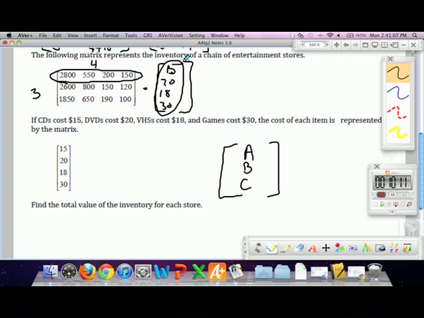Then we'll take row 2, column 1, to get row 2, column 1 of our resultant matrix. So we'll take 2600 by 15, 800 by the second element, the third by the third, the fourth by the fourth. Add them together, and you get element B. Then if you want row 3, column 1, multiply element by element, add together, and you end up with the third element. And each of these will be the value by store.